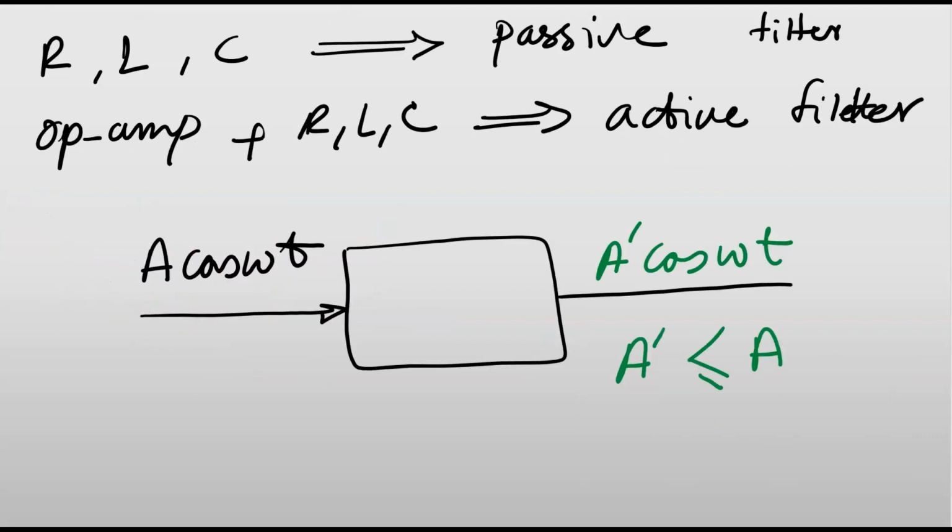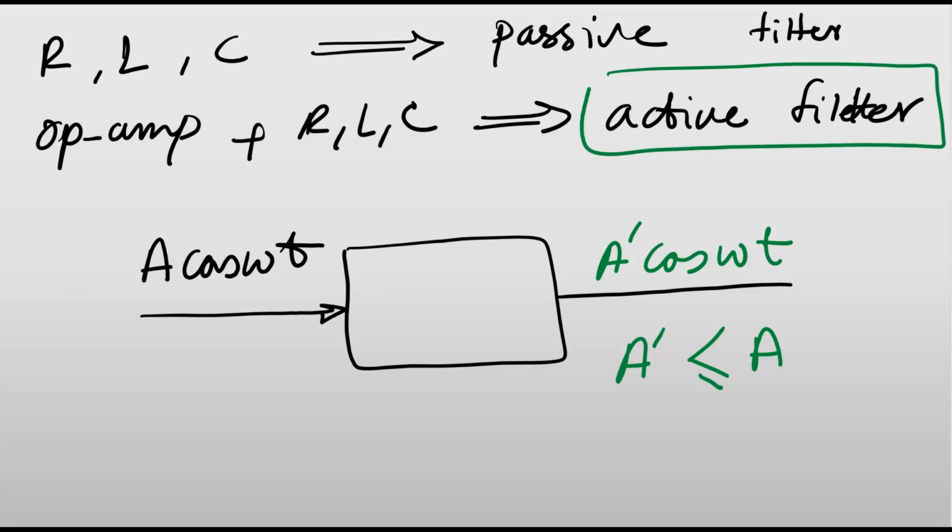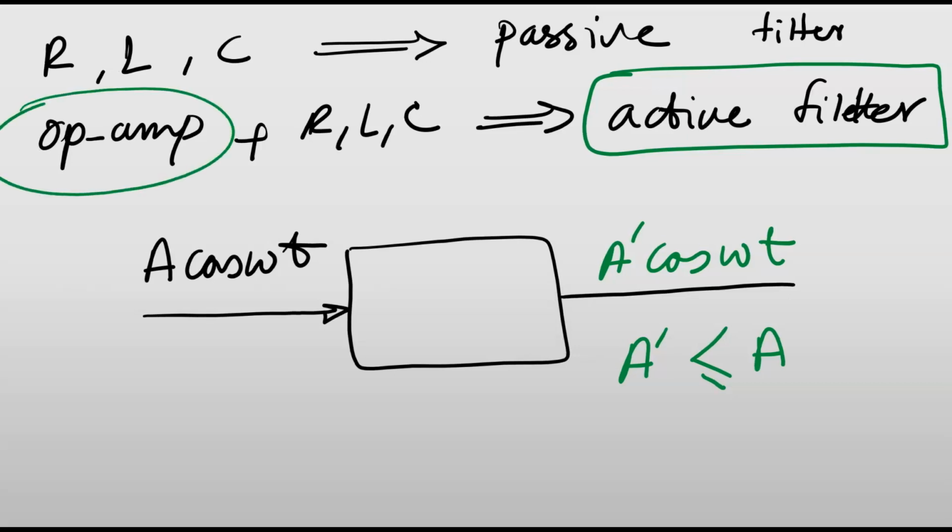But if you are talking about an active filter, they do have some sort of source involved. When we are talking about an op-amp circuit, the op-amp circuit has a power source. Because you have an external source in your filter, it's not necessarily a higher magnitude, but it is possible.